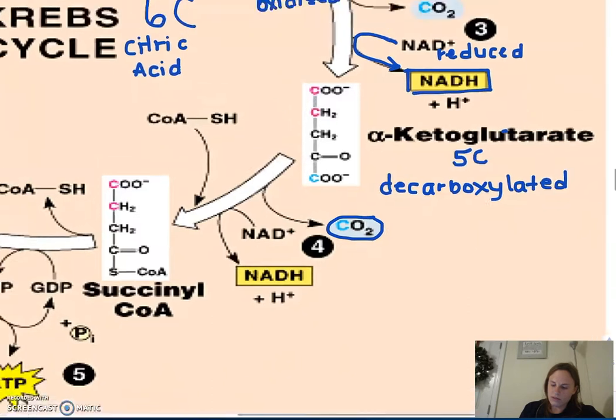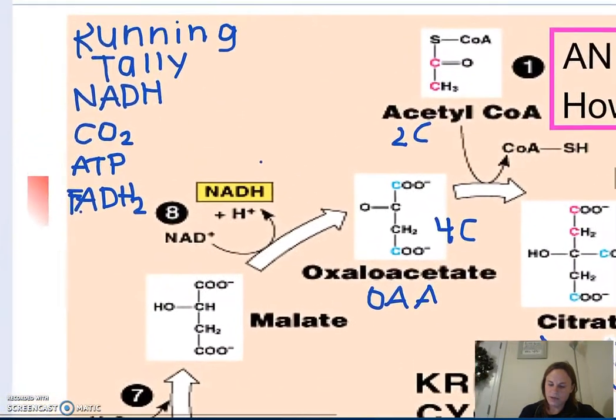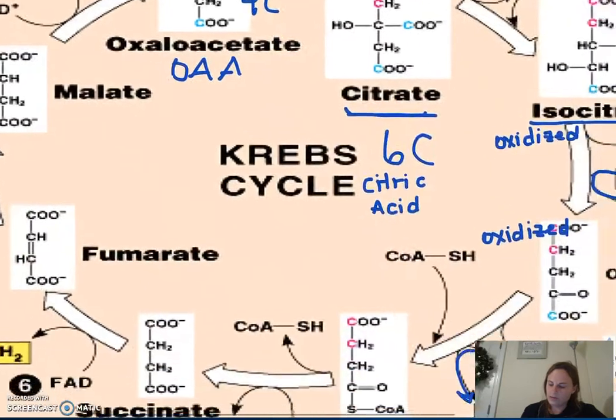It's also going to get oxidized, enabling NAD to get reduced, giving us our second NADH. So far, if we are keeping a running tally, we've got 2 NADHs and 2 CO2s.